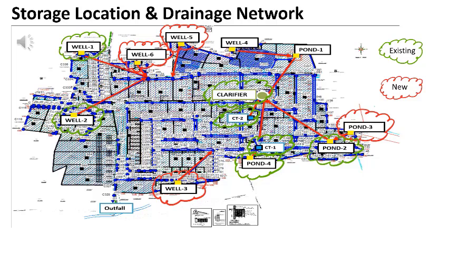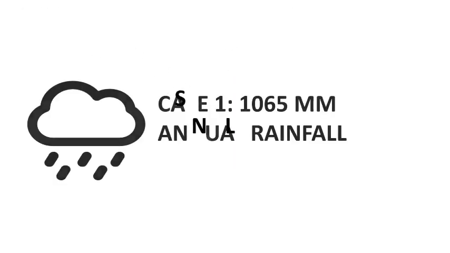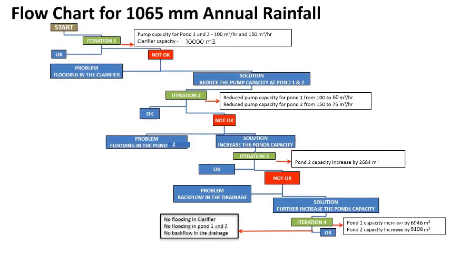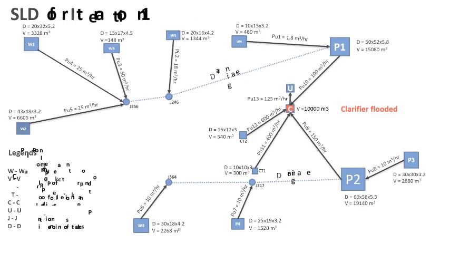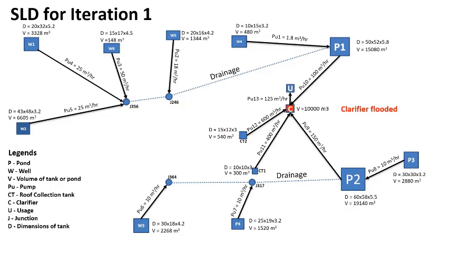To achieve all the above objectives, the whole network model of the project was analyzed through a number of iterations. For the case of 1065 mm annual rainfall, which is torrential rain, we followed a methodology wherein at first we found that the clarifier flooded.